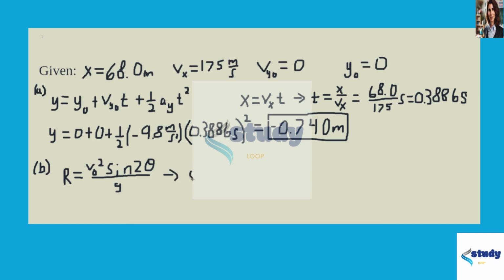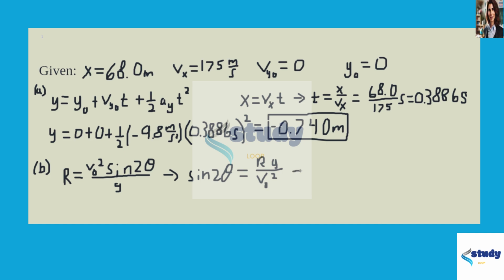We want to solve for theta. So let's leave this as sine 2 theta and try to isolate it. Sine 2 theta is equal to r times g divided by v of 0 squared. Now to get theta by itself, we need to take the inverse sine of both sides and then divide by 2.